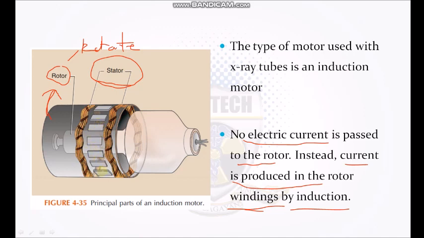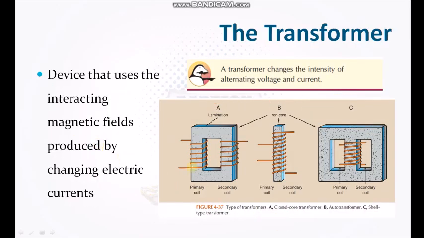The magnetism in these ferromagnetic materials allows the rotor to produce its own current. It allows the electrons to flow. And because of that electron flow, because current is already in the rotor, the rotor will turn. It will rotate.